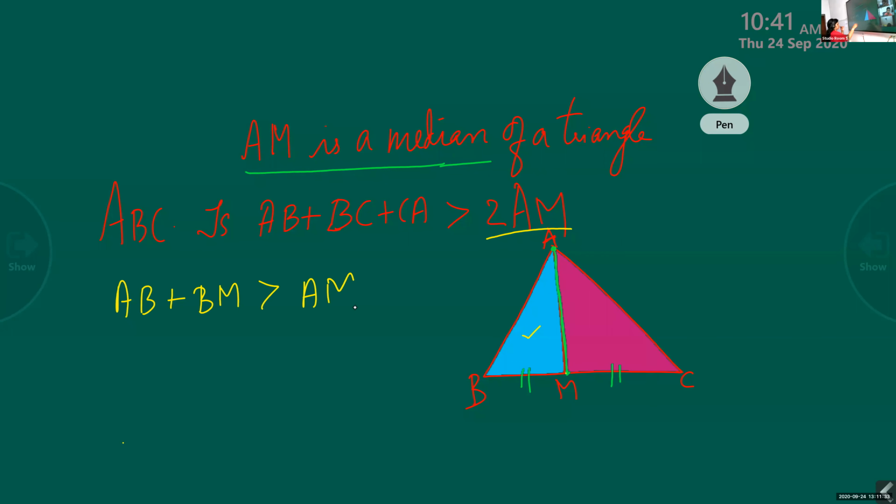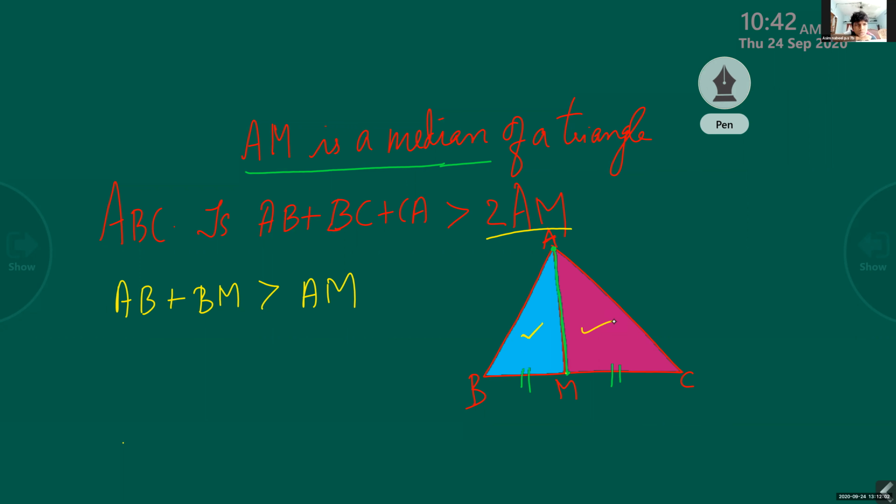Is it correct? Check this triangle and tell me. We have studied the rules of triangles: the sum of any two sides of a triangle is greater than the third side, isn't it? What about the next triangle you take? There also you can write AC plus MC is greater than AM, isn't it?